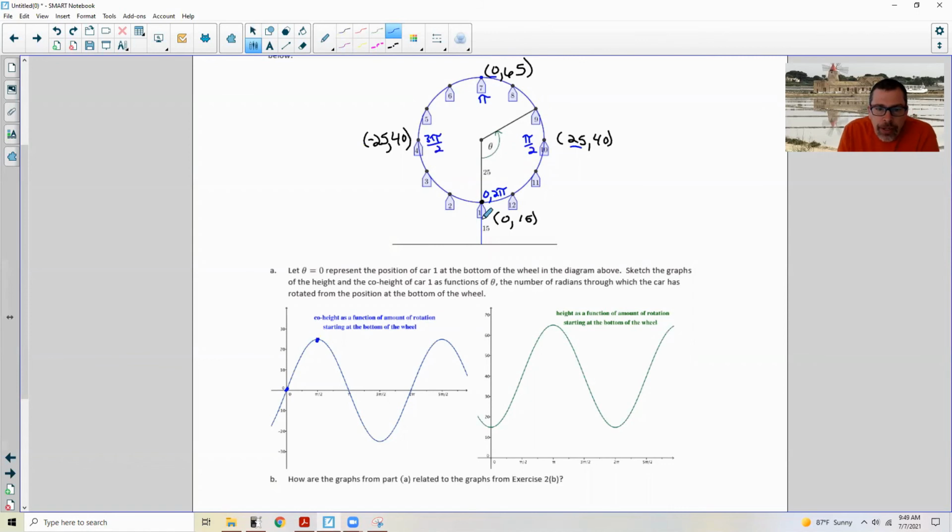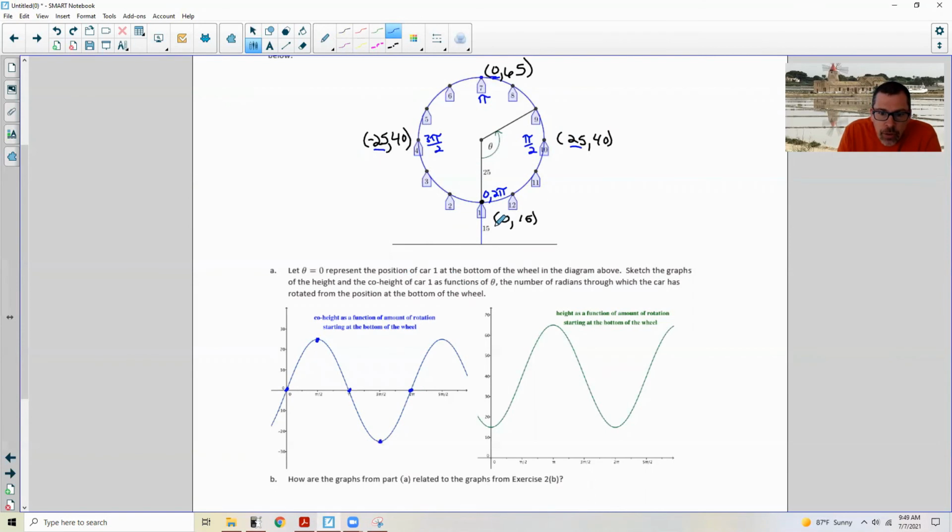And back to 2 pi. Okay? So pi over 2 is here, and that's why we're up at 25. Pi, cosine is 0, right there. Continuing around to 3 pi over 2, cosine is negative 25. Going back to 2 pi, we're back to the starting point.